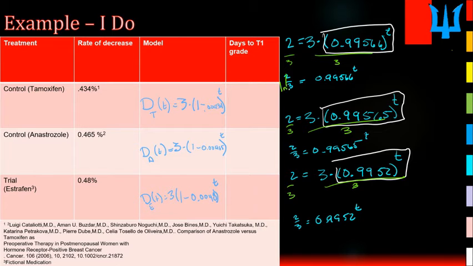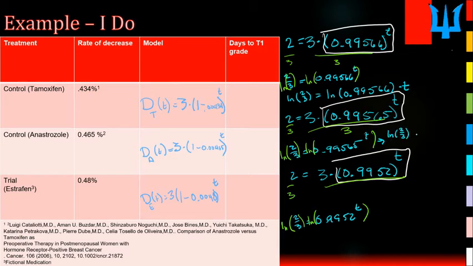If I take the ln of both sides, go ahead and divide everything away so that I have t by itself.